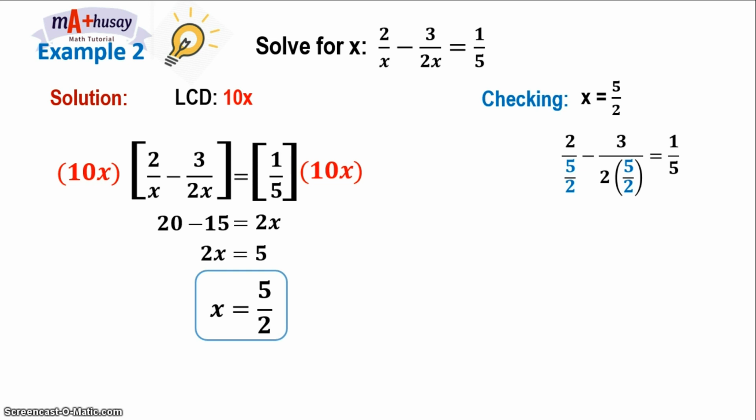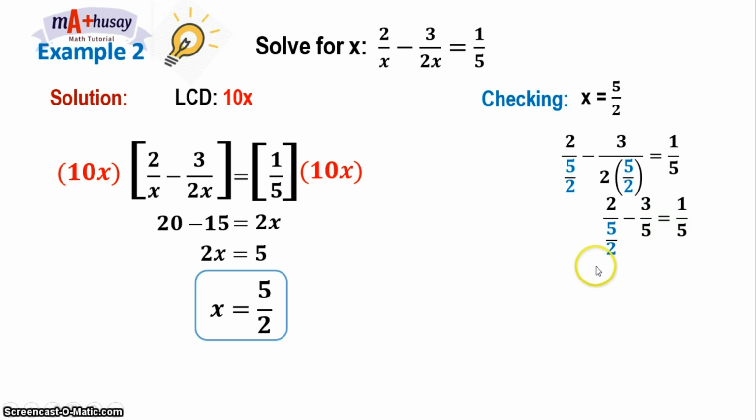Now, simplifying the second fraction, 2 times 5 over 2, pwede natin i-cancel si 2. So, we have 2 over 5 over 2 minus 3 over 5 equals 1/5.